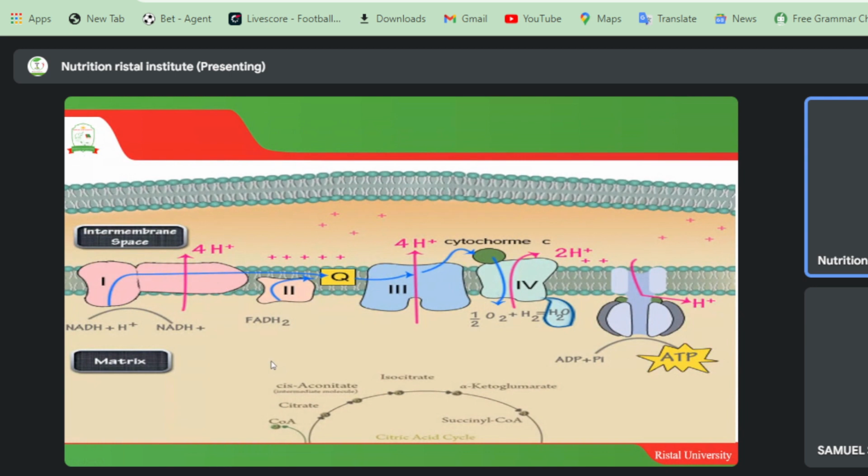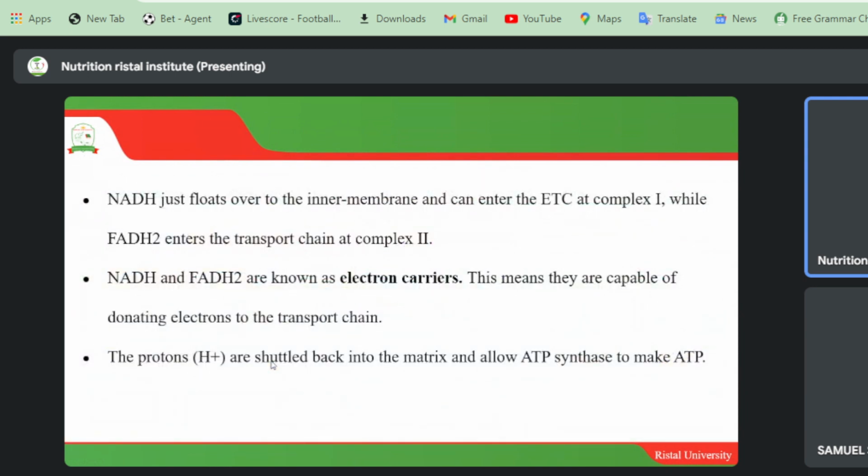Then NADH and FADH2 are the electron carriers. This means they are capable of donating electrons to the transport chain. We looked earlier at the Krebs cycle, where we formed NADH and FADH2, and they carried our electrons and the hydrogen that we removed from all those intermediates.